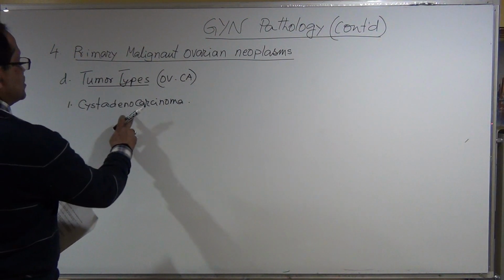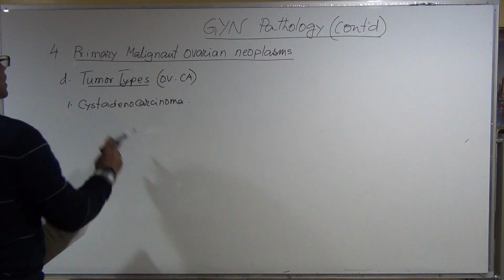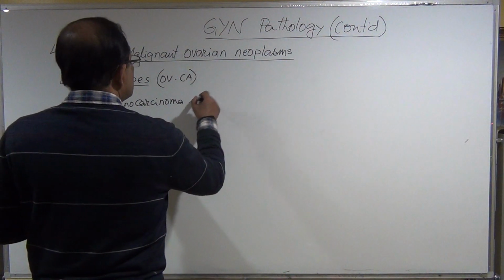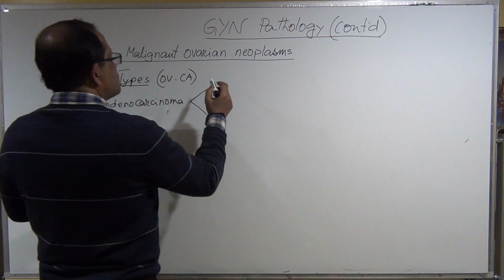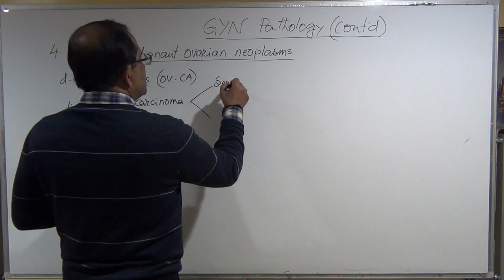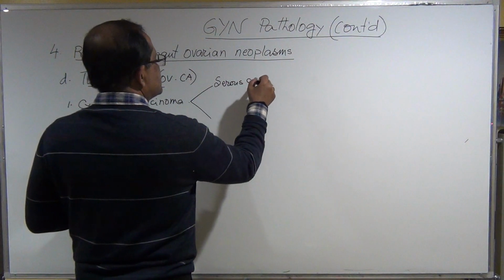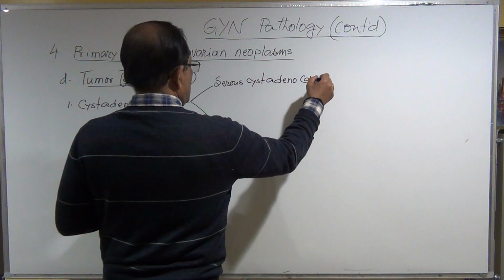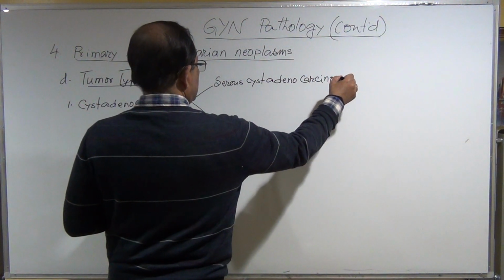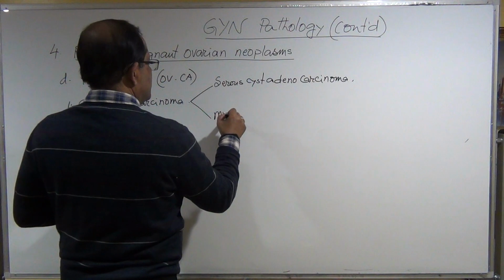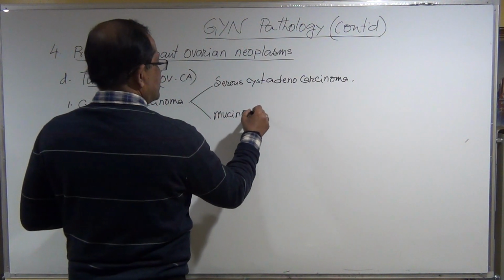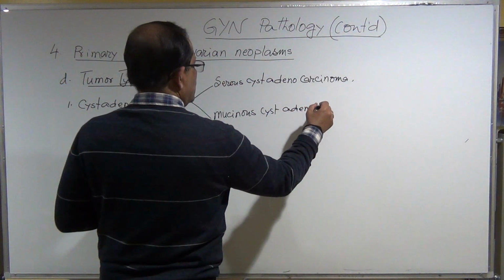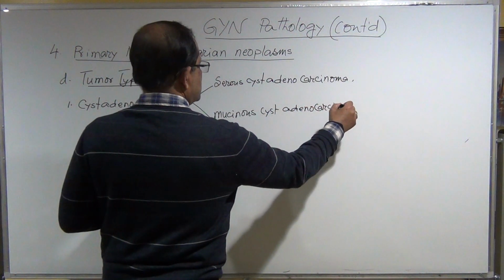And this is the cystic version of adenocarcinoma. We call it cystadenocarcinoma. And this is also two types. One is serous cystadenocarcinoma and mucinous cystadenocarcinoma.